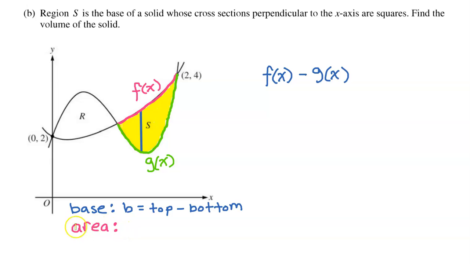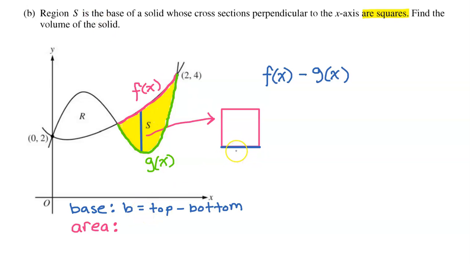Step 2 is to write an expression for the area of a single slice. Remember, we are told that these cross-sections or slices are squares in this case. So we are looking down at this solid from above. However, if we pulled out a slice and looked at it, it would look like this. So here is the base of the slice that we were talking about on the previous step.